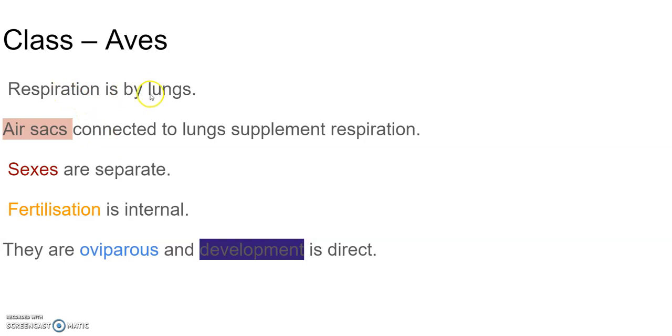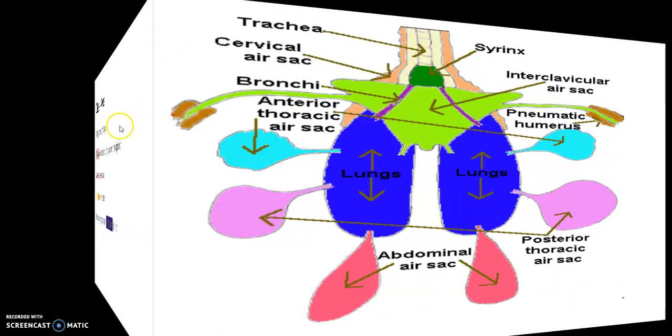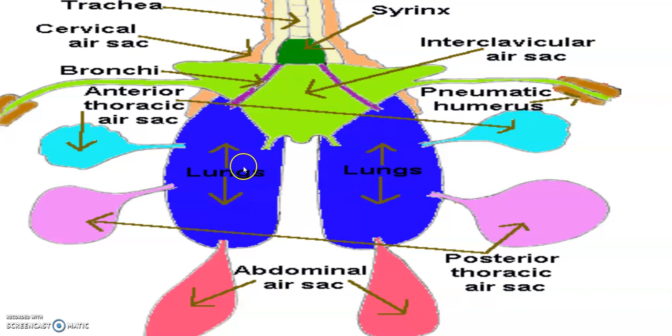Respiration is by lungs. Air sacs are connected to the lungs. You can observe here these blue color lungs. This is one air sac, the anterior thoracic air sac, and here posterior thoracic air sacs, abdominal air sacs, the cervical air sac, and the interclavicular air sac.